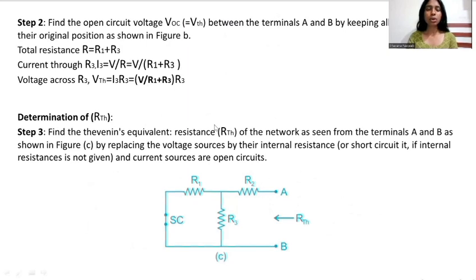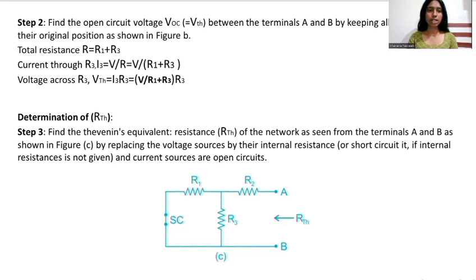In step 2, find the open circuit voltage VOC between the terminals A and B by keeping all sources in their original position as shown in figure B. The total resistance is R equals R1 plus R3, and the current through R3 is I3 equals V by R, that is V by R1 plus R3, and the voltage across R3 is VTH equals I3 R3 equals V by R1 plus R3, into R3.